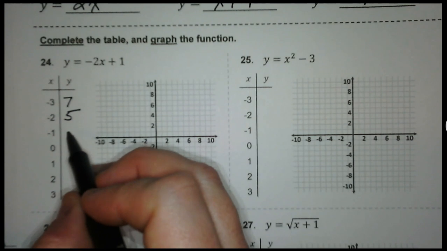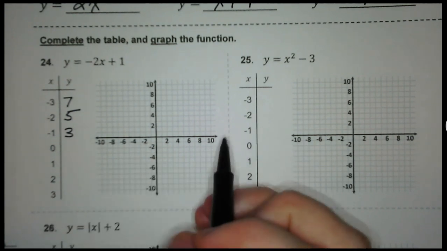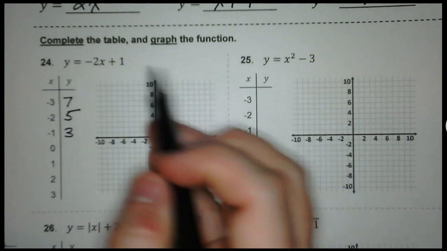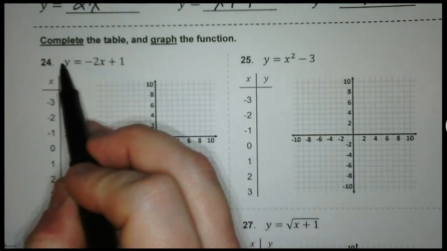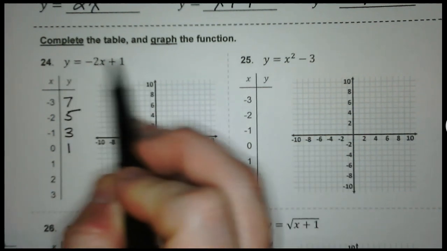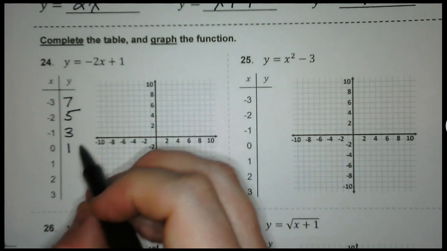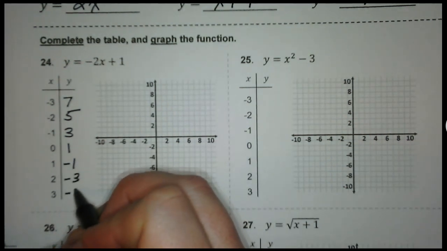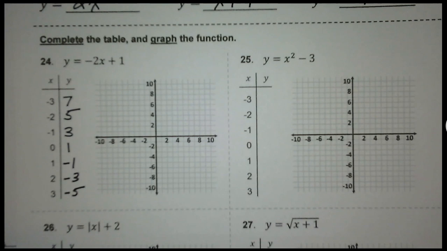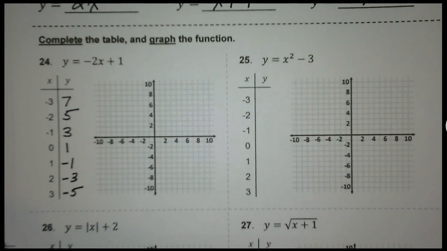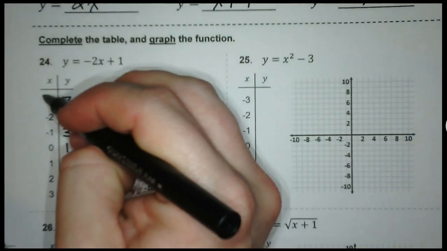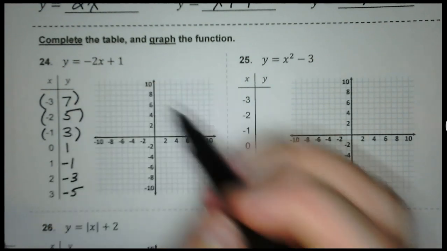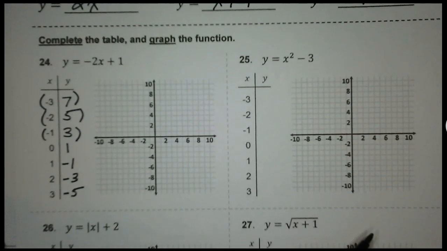If you plug in -1, you get 3. If you plug in 0, -2 times 0 is 0, plus 1 is 1. Remember, y equals whatever all this comes out to equal. If you plug in 1, you get -1, and then -3, and then -5. So graphing this, every single pair like this is literally coordinates, ordered pairs for points.